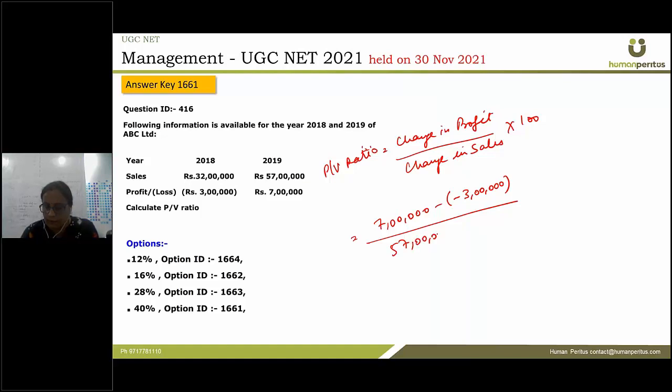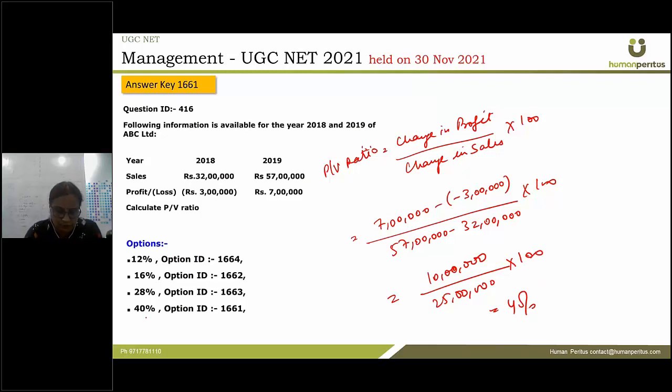So 57 lakh minus 32 lakh. So if you solve it, this makes it 10 lakh divided by 25 lakh into 100, which comes out to be 40%. So the answer should be D. Option 1661 is correct for this question.